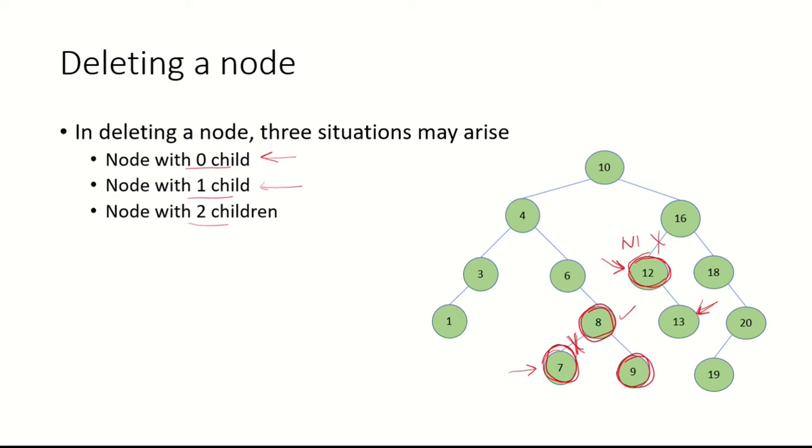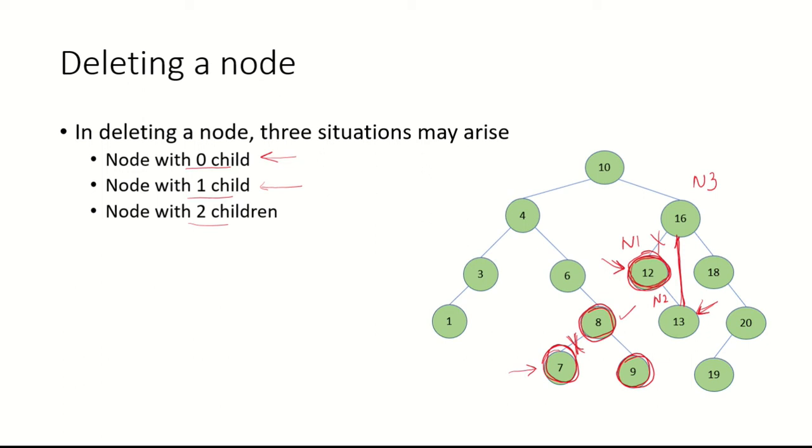What we need to do is that this node n2 will now be linked to the parent node of n1. So n2 will now become a child of this node n3, and it will belong to the left subtree of the node n3. So this case is also not very difficult.